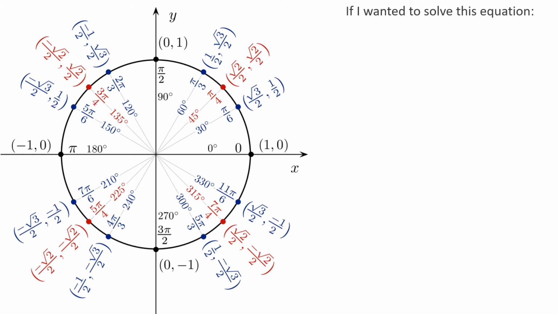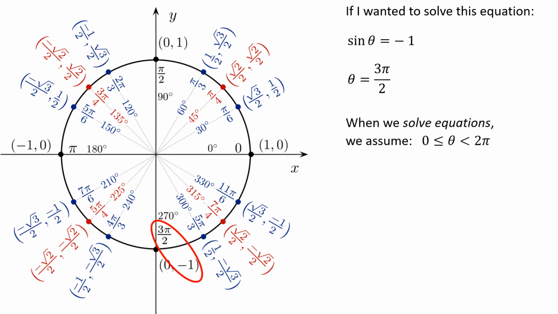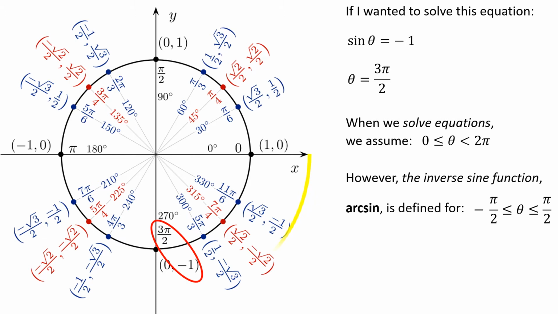Okay. If I wanted to solve an equation, such as sine of theta equals -1, of course I'd declare that the answer is 3 pi over 2. But here's the issue. We were asked to figure out the arc sine, right? The inverse sine function. So when I solve equations, I want to start at 0 and go to 2 pi.